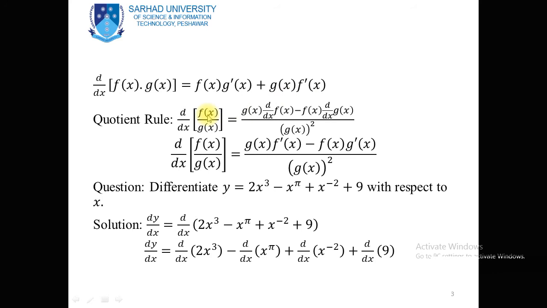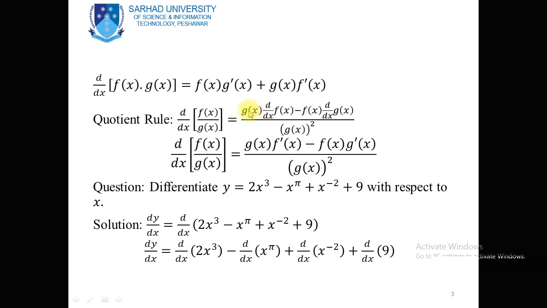Similarly, use this process in the quotient rule. g is considered as the first function. So first function into derivative of second function minus, because in the product rule we put the addition sign, and in the quotient rule we put the subtraction sign.